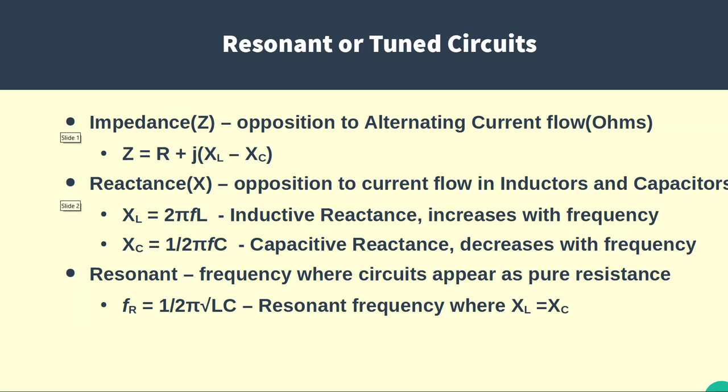We have capacitive reactance, which we usually represent as X sub C, and that's equal to 1 divided by 2 times pi times the frequency times the capacitance.